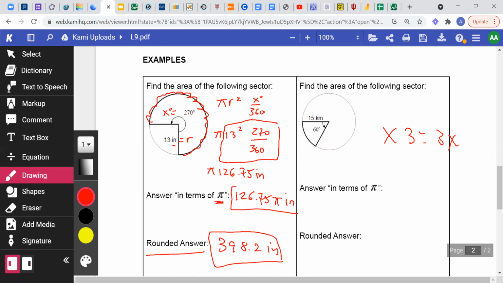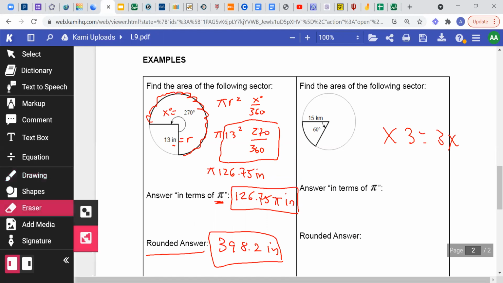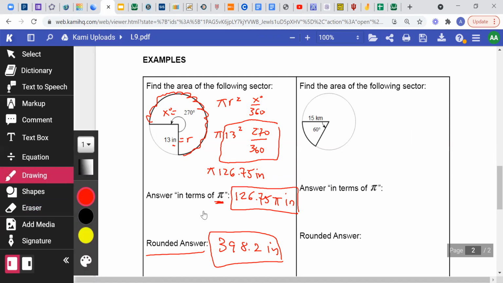On the other side, let me clean what I've done here before. What is the radius of this circle on the other side? Avalon, what is R here? 15.